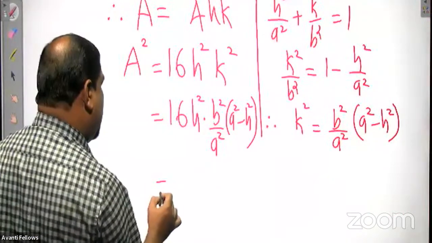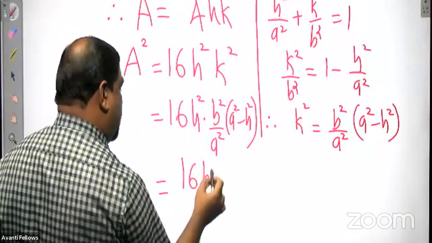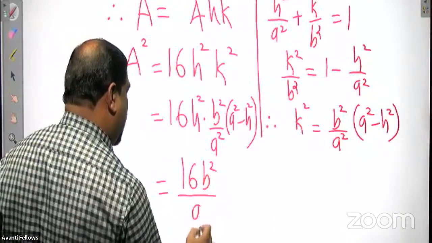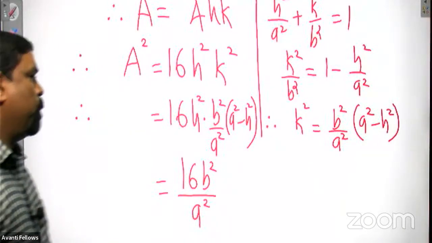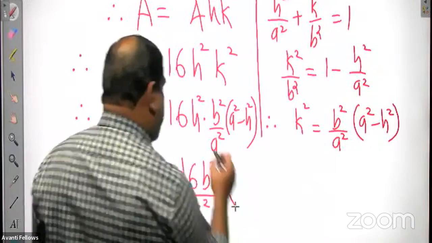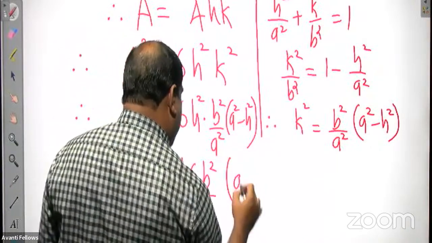Further, this can be simplified. All the constants you can write together in the beginning. So 16 b square by a square is a constant actually, into the remaining h square, which you can multiply inside the bracket.